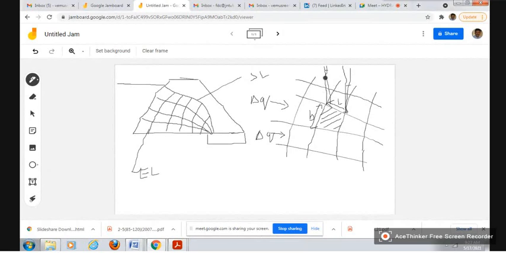If you insert a piezometer here, it will give the head of this equipotential line. Similarly, if you insert another piezometer here, it will give the head of that equipotential line. Obviously, the flow takes place from here to here, so the head here is more than this one.